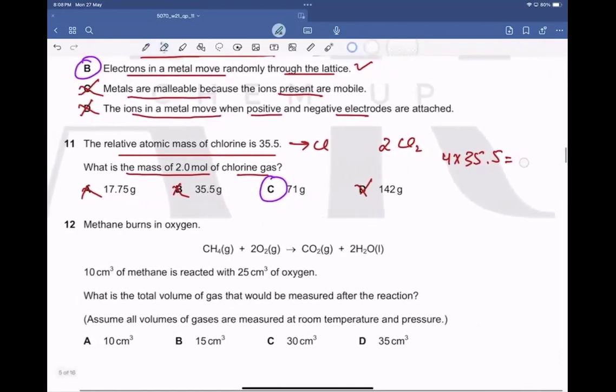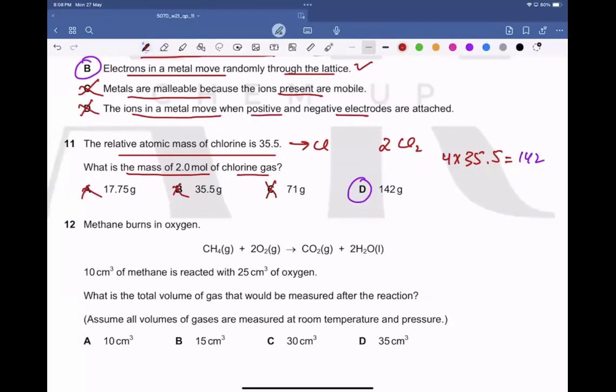Okay, yes, thank you, Aisha. Yeah, 35.5 times 4 is 142. So D is the correct answer and C is wrong. Okay, Khatija, we always tell you this property, that there are free moving electrons in the metal, isn't it?